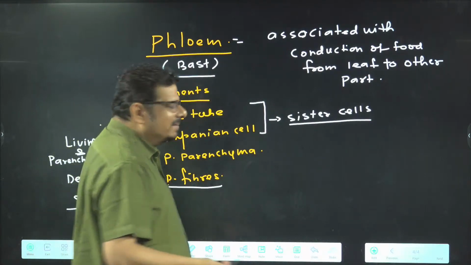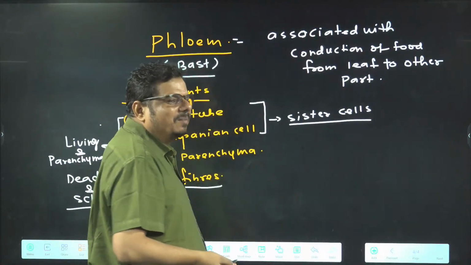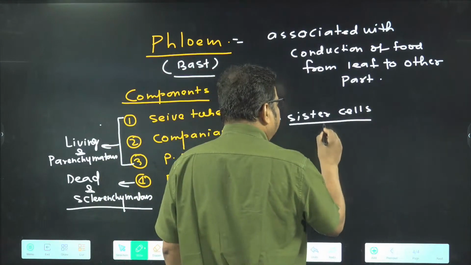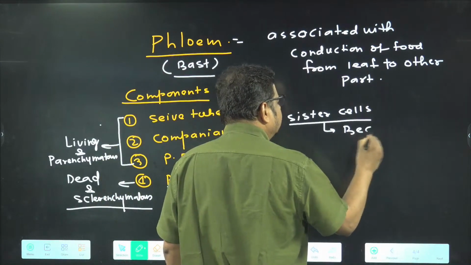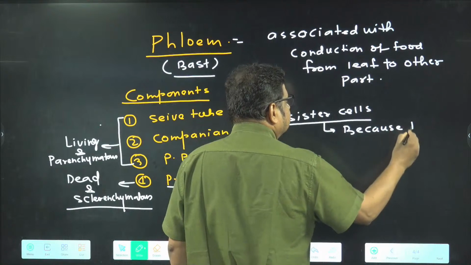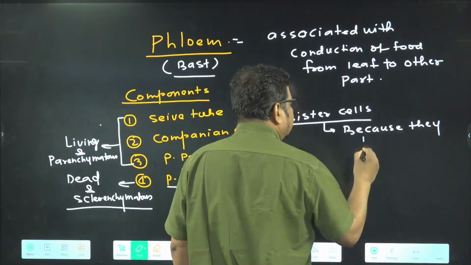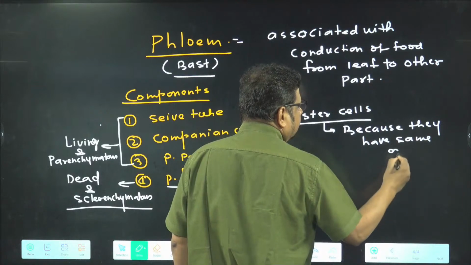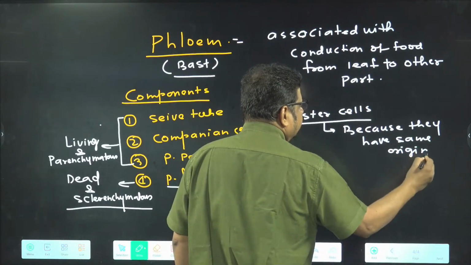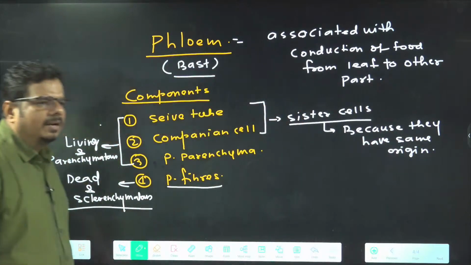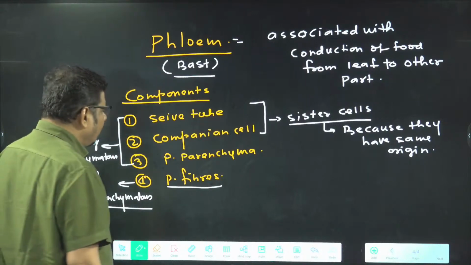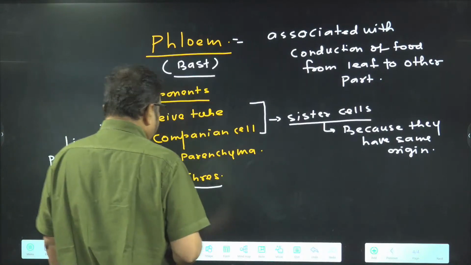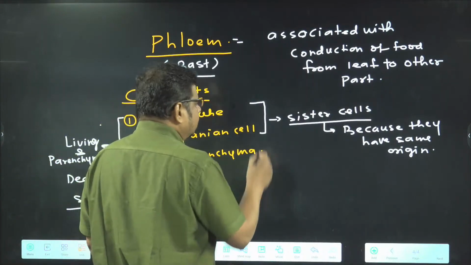How can we write this in the language of biology? Sister cells, because they have the same origin. The origin is the same. That's the reason we call them sister cells.